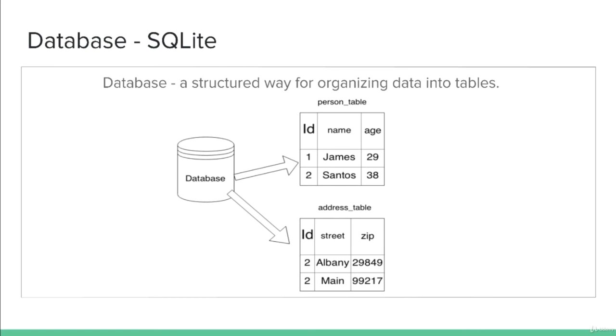The first time we add James and the age of 29, we create the first ID, number 1. The second time around, we create another item, Santos, age 38, and we have ID number 2. As we add more and more items, that ID will continue to increment. As you can see, this is a very organized way to store data that we can later retrieve.